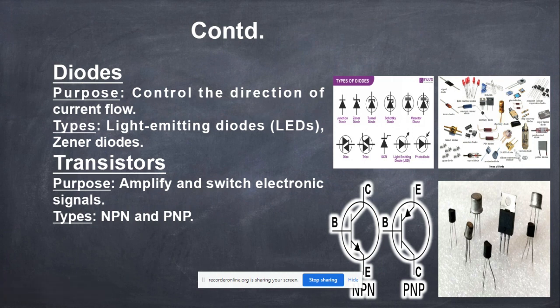So this one is collector, this one is base, and this one is emitter. In the PNP transistor, the given source is given on the emitter side. Another one is the pictorial view of the transistor.